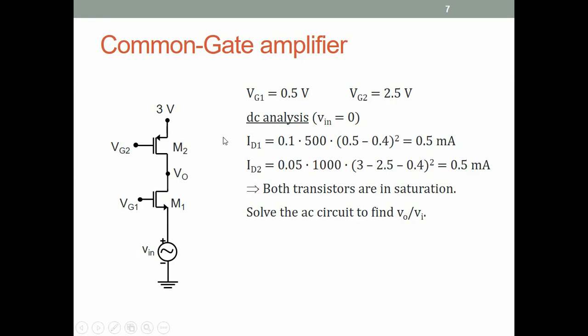ID2, of course, these two have identical mu Cox W by L's. The gate source voltage of M1 is 0.5. The gate source voltage of M2, or the source gate voltage of M2, is also 0.5. So they will be carrying the same current.